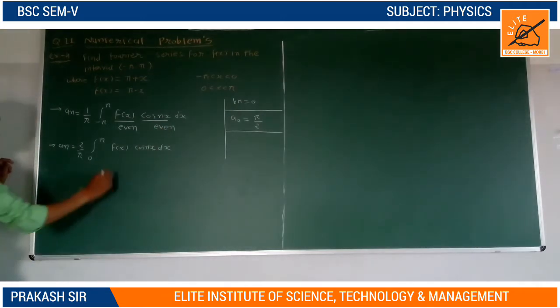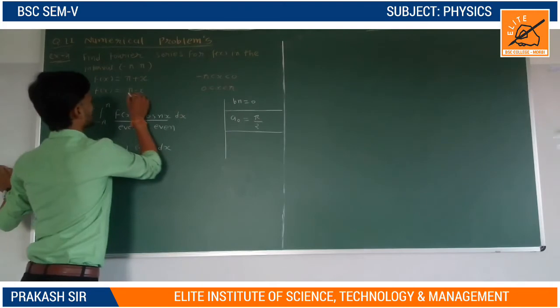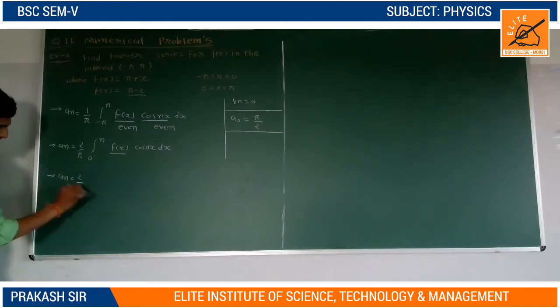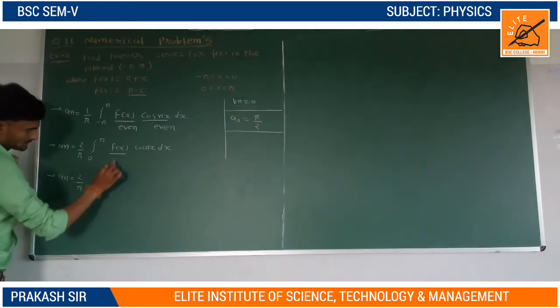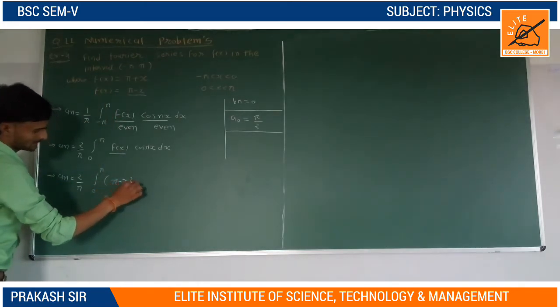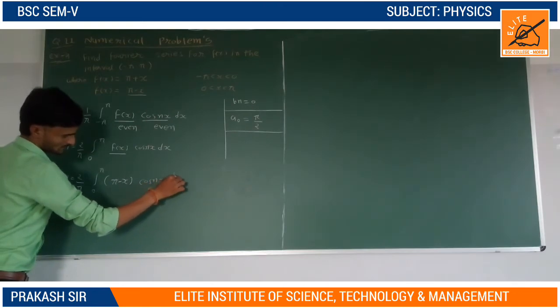Now put the value, integral 0 to pi, f of x is pi minus x. An is equal to 2 upon pi, integral 0 to pi, f of x is pi minus x, into cos nx dx.